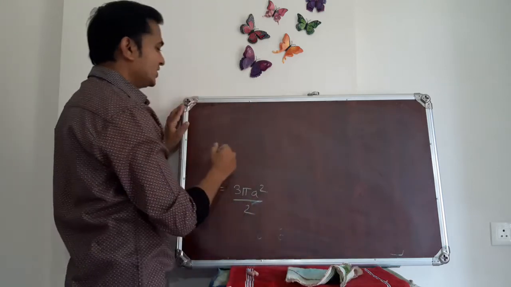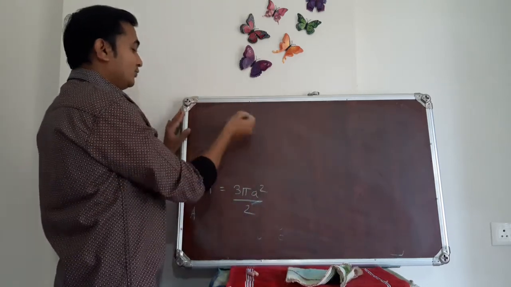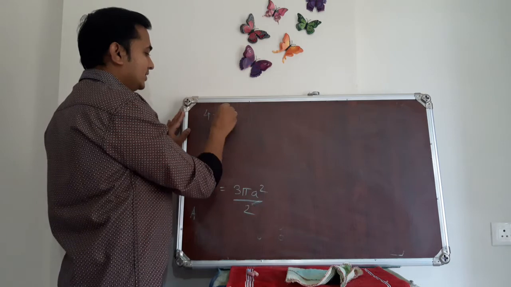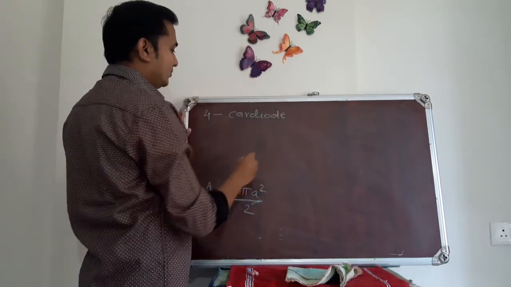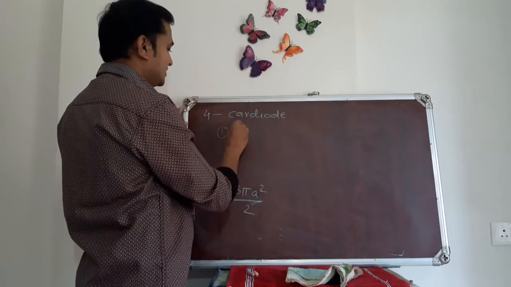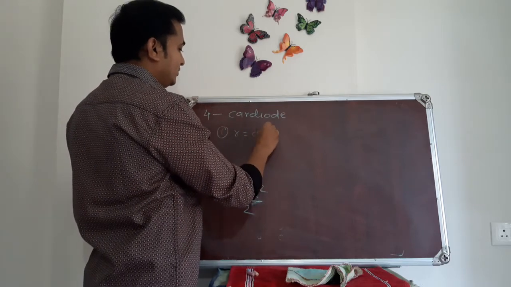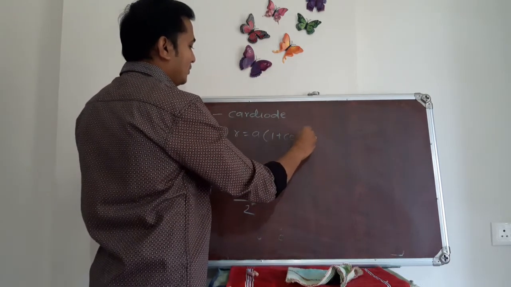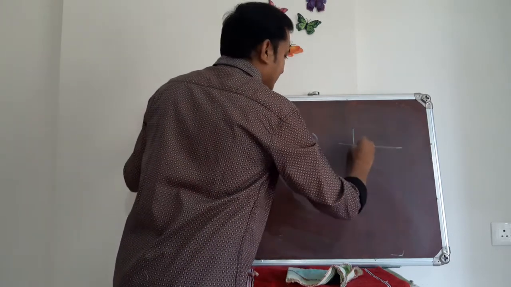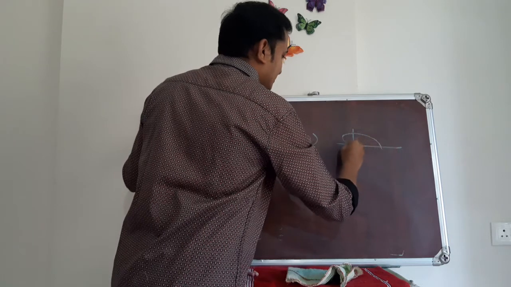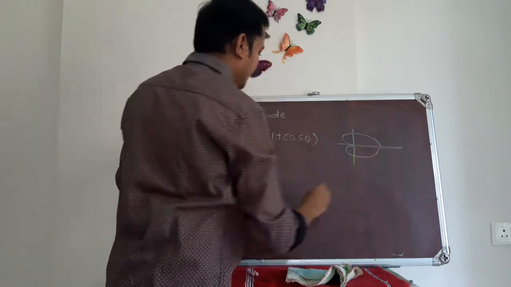Alright. So one point to note is there are 4 such curves. Okay, 4 cardioids in fact. What are those? First is r is equal to a into 1 plus cos theta. How does it look? Something like this. Okay.